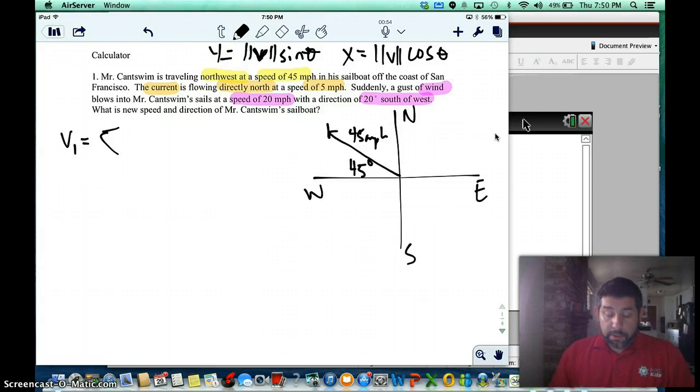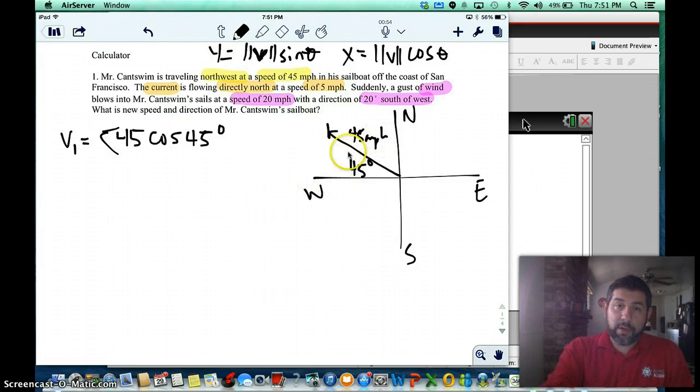We get 45 degrees, and the miles per hour is always going to be our magnitude. So we're going to go 45 miles per hour times the cosine of 45 degrees. And this x is negative because it's in the second quadrant, so we're going to put a negative in front. And we're going to have 45 times the sine of 45 degrees.